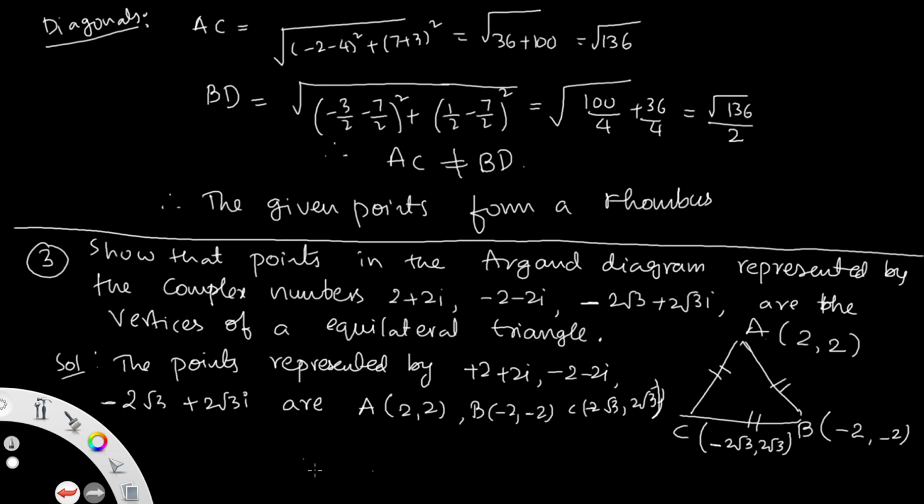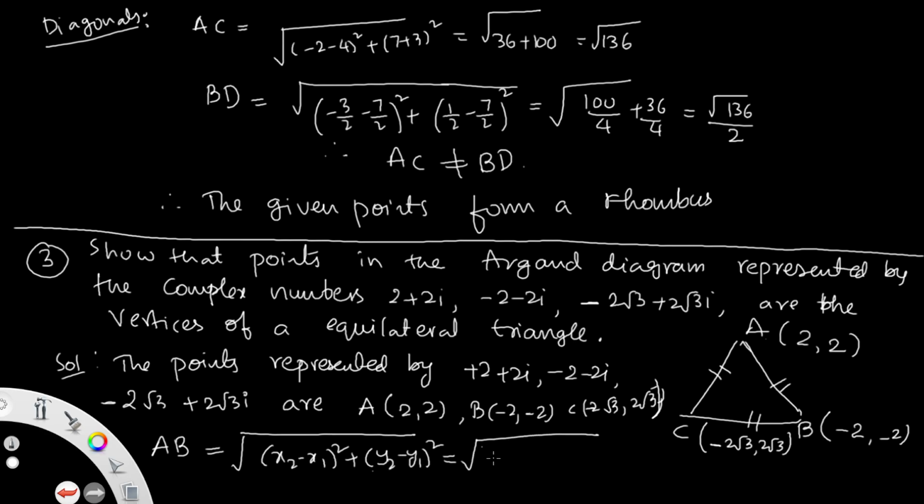Let us find out the distances. First find out the sides. AB distance formula is root over x2 minus x1 whole square plus y2 minus y1 whole square. That is root over 2 plus 2 whole square plus 2 plus 2 whole square.